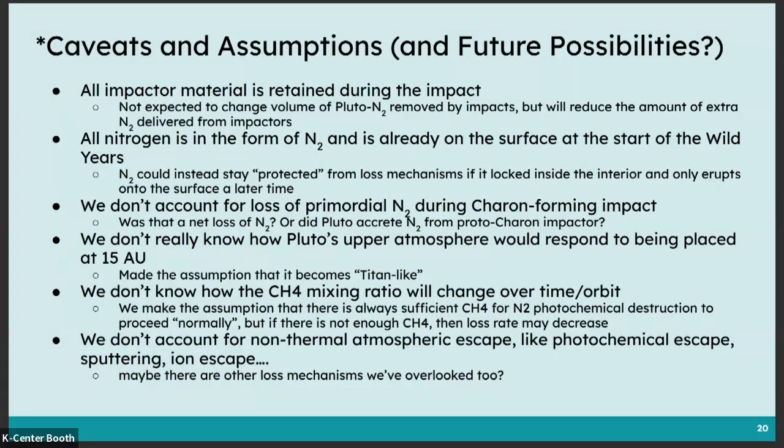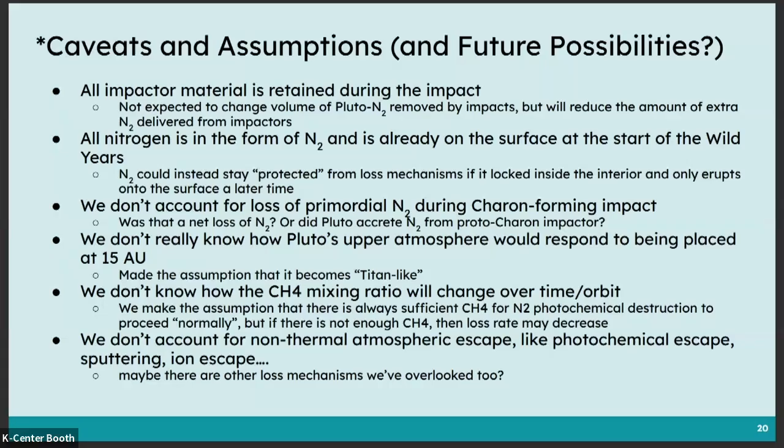This is a wall of text, and I just wanted to be clear that there are lots of caveats and assumptions to that conclusion. So I've listed some of them here. I'm sure there are more. We've only looked at a few loss mechanisms. We've only looked at nitrogen. We had to make assumptions about the form of nitrogen, that it's N2 originally. There are lots of assumptions we had to make about the effect of methane.